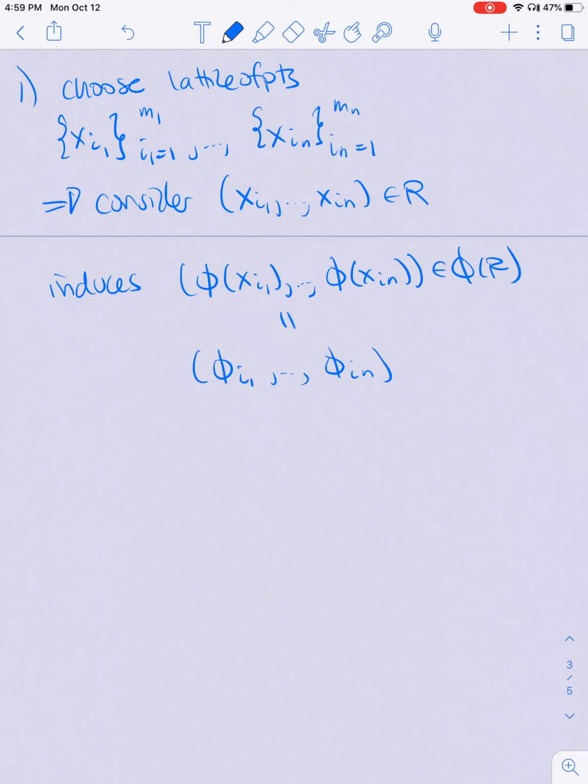And this might not be a nice neat lattice, but it will still be some set of points that forms a mesh throughout my region, because phi is invertible, so it can't squish anything too terribly.